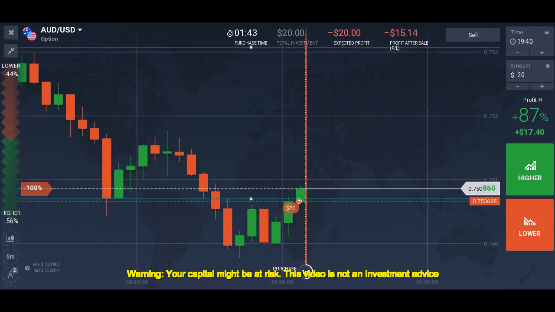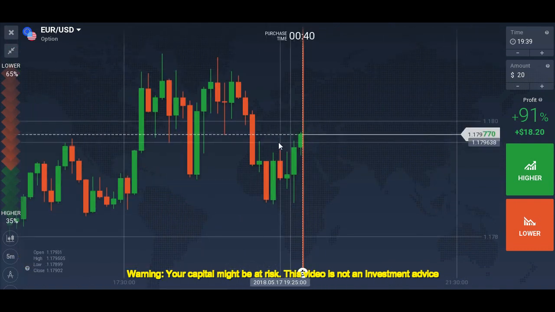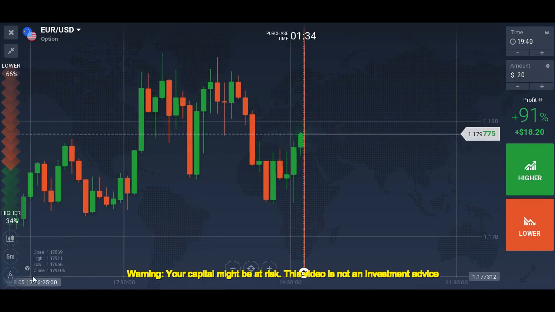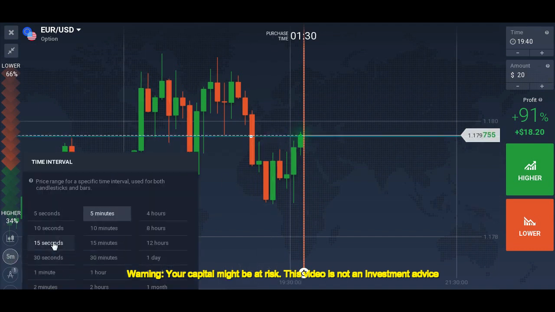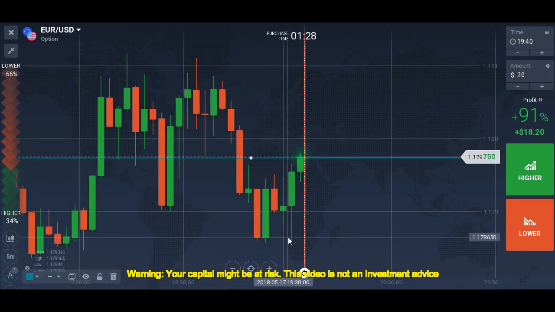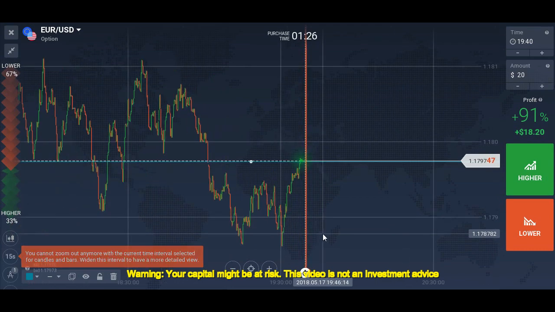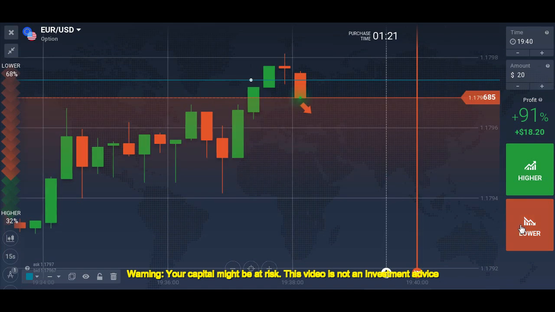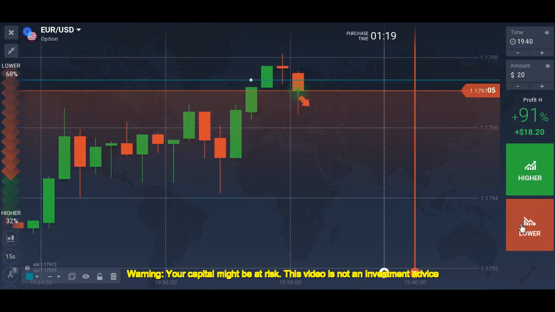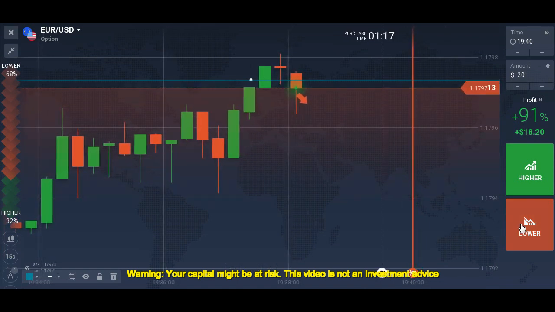I will move to a different chart to find some more trading opportunities. And yes, we have a similar condition here. I need a confirmation, so I'm opening the 15-second chart, and this seems like it is giving us a confirmation.